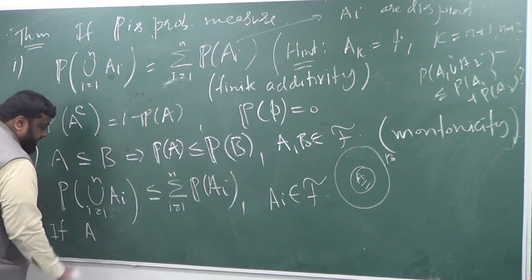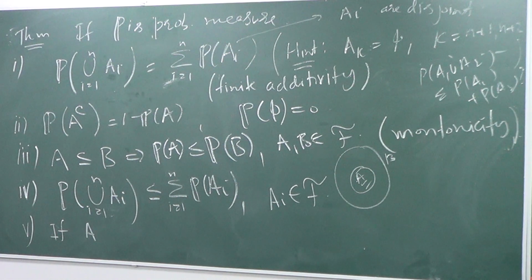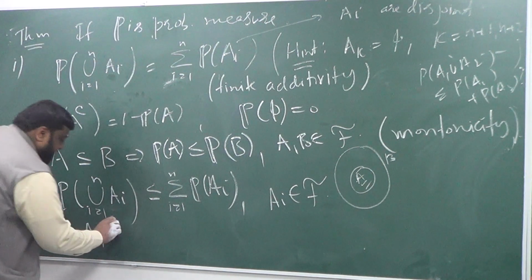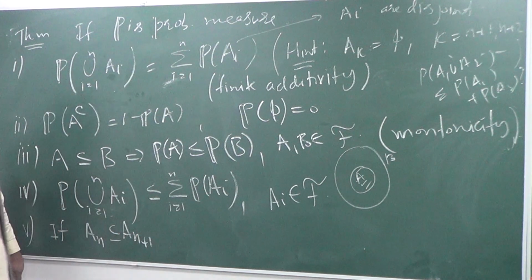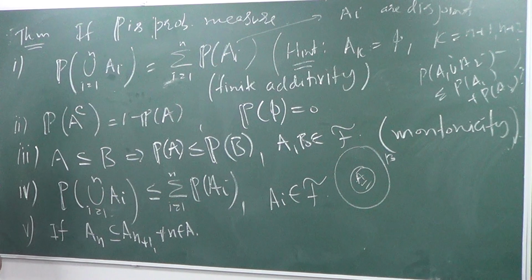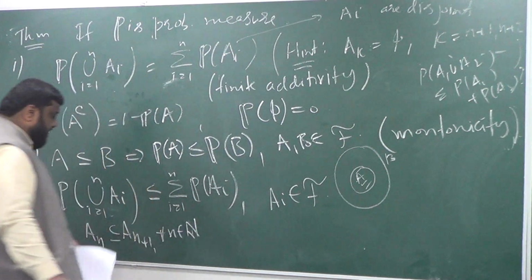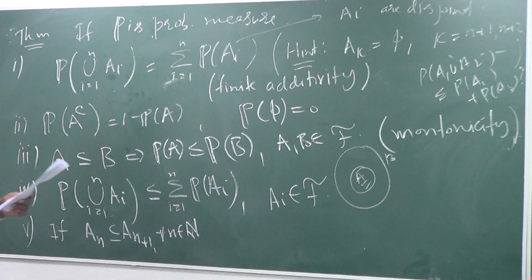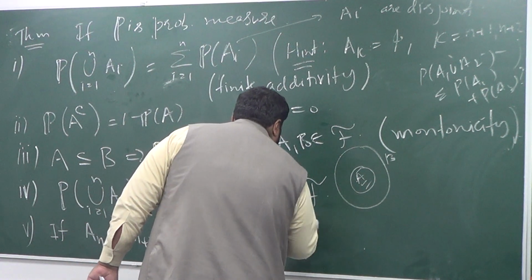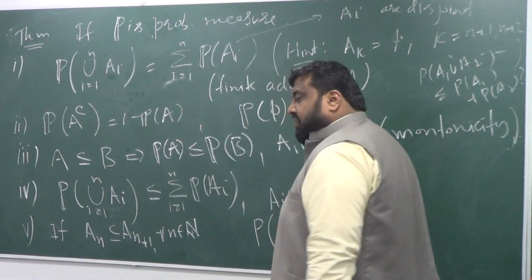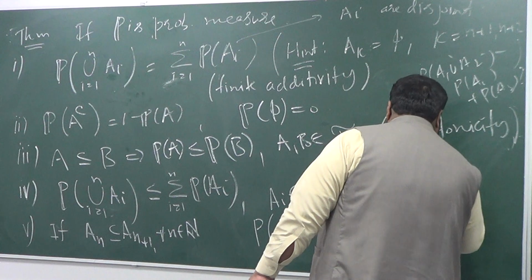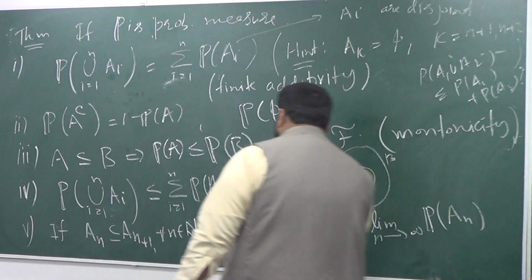If I have an increasing sequence of events, so A_n is contained in A_{n+1}, and this is true for all n, then the probability of the union of A_i for i equal to 1 to infinity is going to be equal to the limit as n goes to infinity of the probability of A_n.